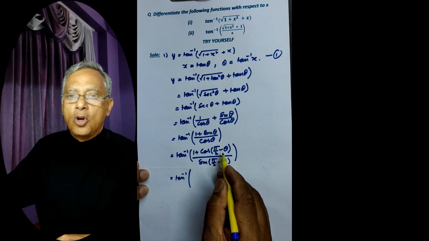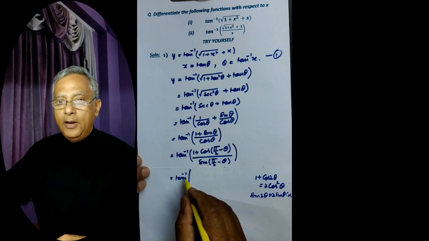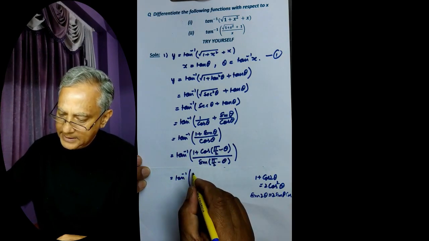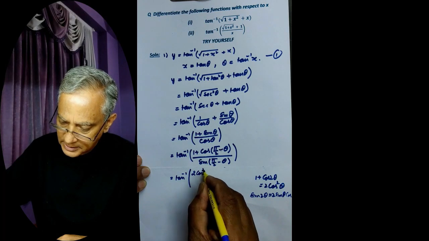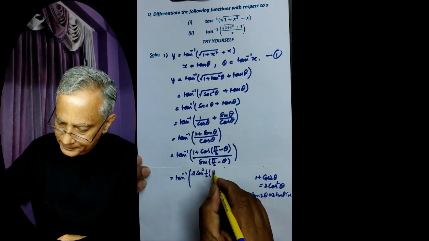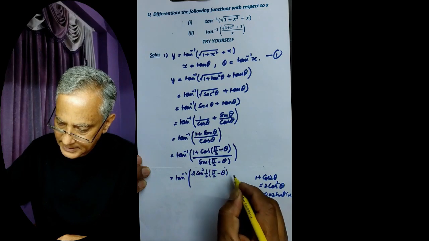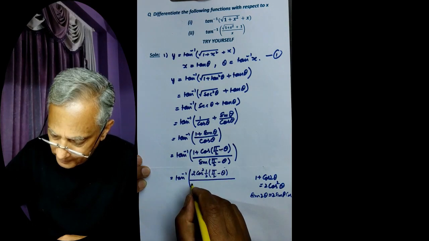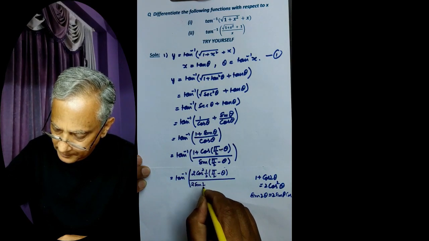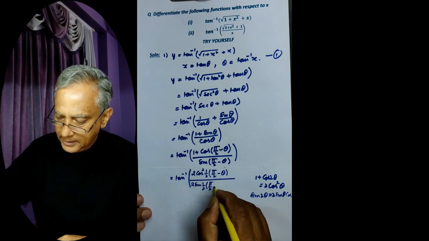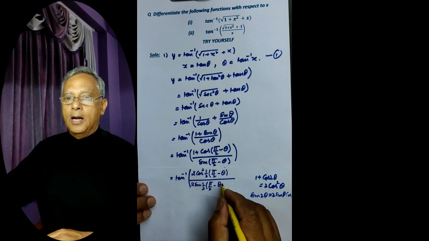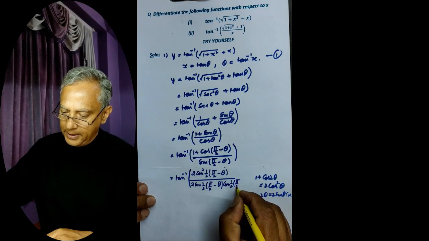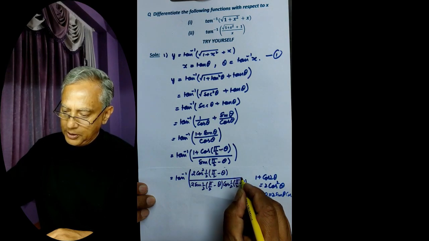1 plus cos 2 theta is 2 cos square theta. Therefore, 1 plus cos of pi by 2 minus theta can be written as 2 cos square half of pi by 2 minus theta using this formula, whole divided by 2 sine half of pi by 2 minus theta into cos of half of pi by 2 minus theta.